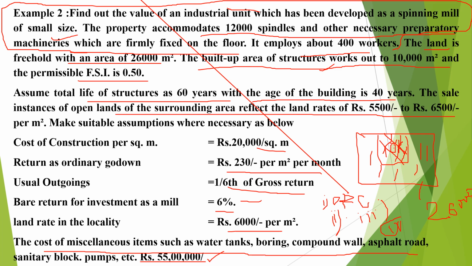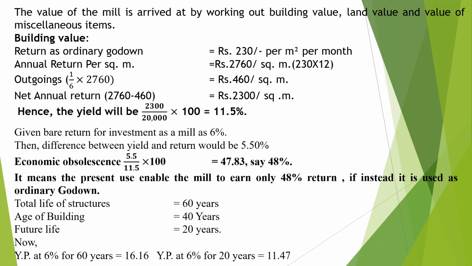So these are the things given to you. First of all, you will calculate the depreciated replacement cost of the building. Here, you will learn certain new things which you have not done in the earlier examples. So, the building value you have to calculate. It is given to you as a return if this building, instead of an industrial unit, is converted into a godown and used as an ordinary godown.